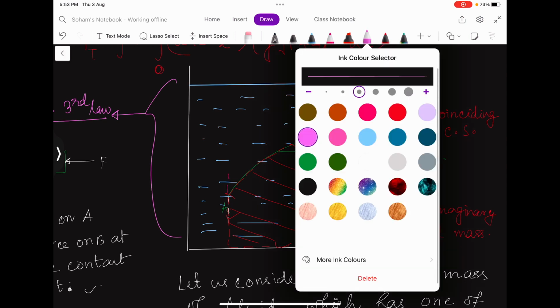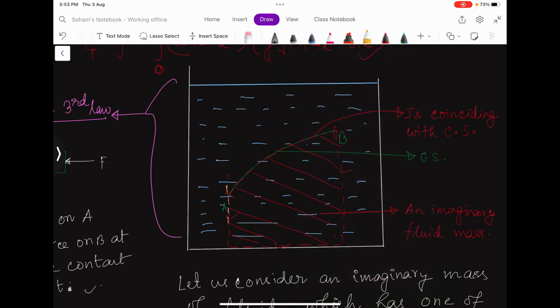So if I am having the boundary line like this, for this mass also, the same part of the boundary I have, which is coinciding with the curved surface.